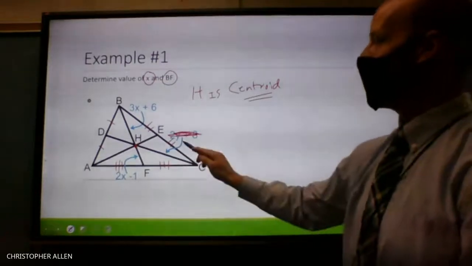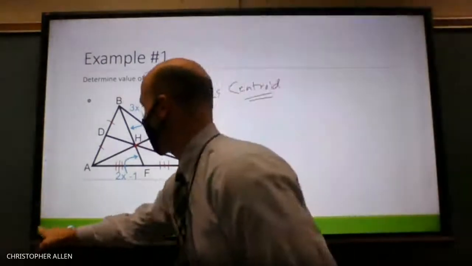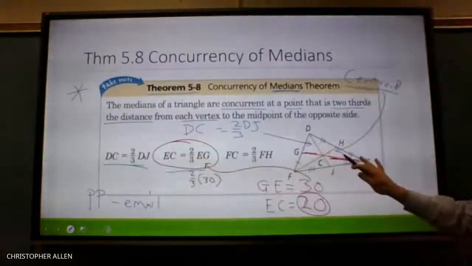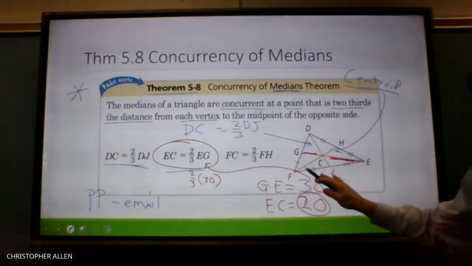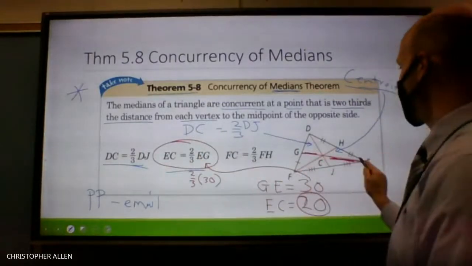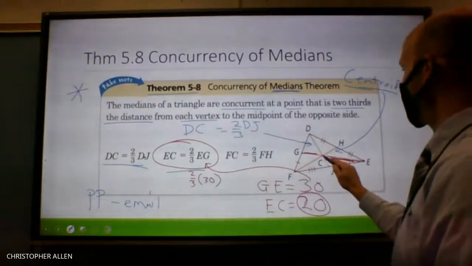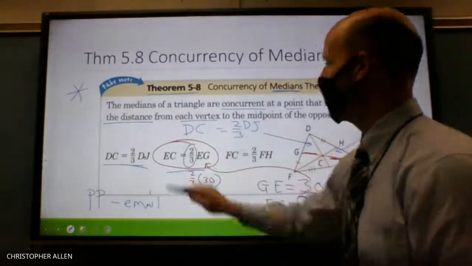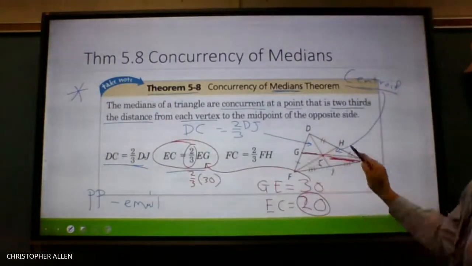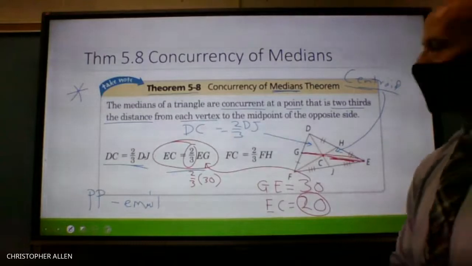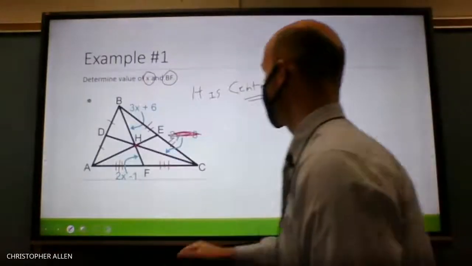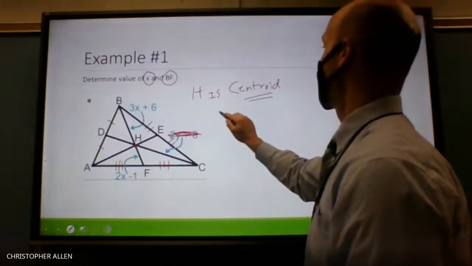So what we need to know is this. We're going to go back to the following theorem, and it tells us that the length from the vertex to the centroid is 2/3 the total length of the median. So I'm going to say that again. In fact, let me write that.